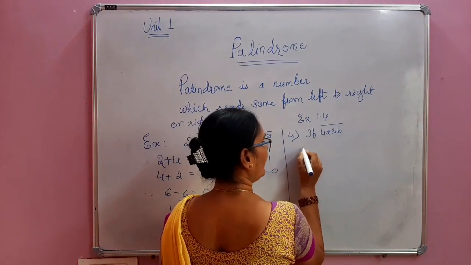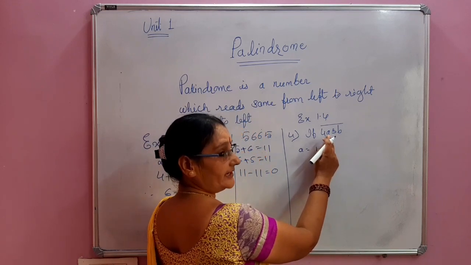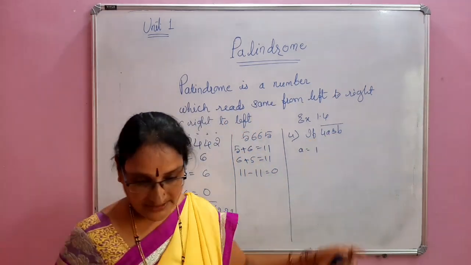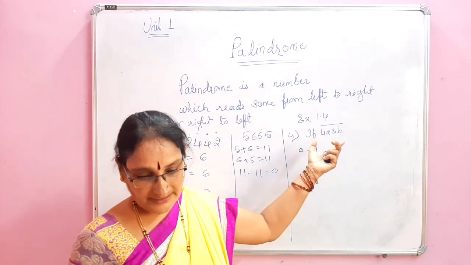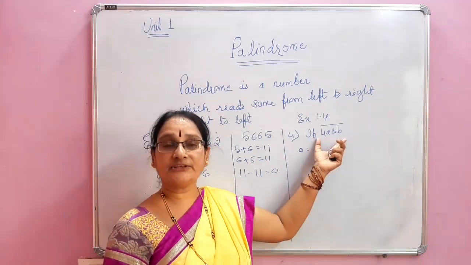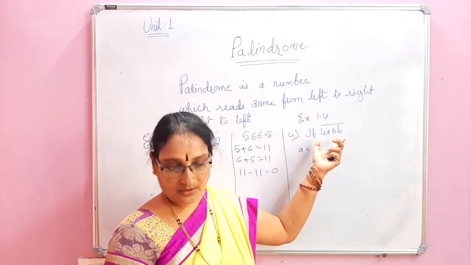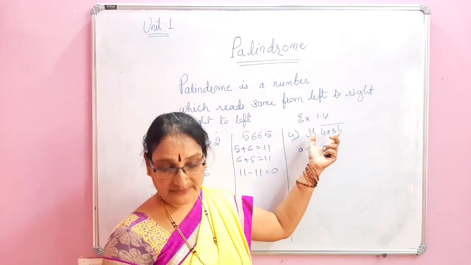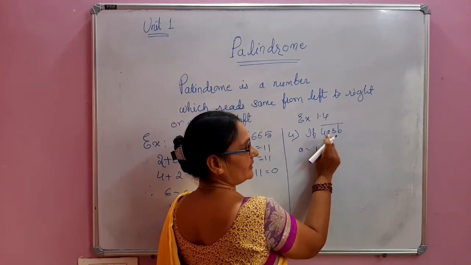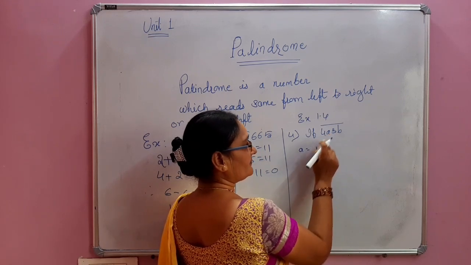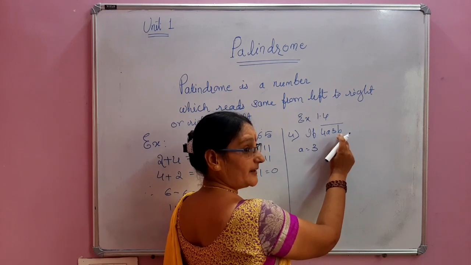See, 4A3B is one 4-digit number. What numbers make it divisible by 11? See, 4, 3. Here what must be there to make it a palindrome? A must be 3. What must be there in place of B?